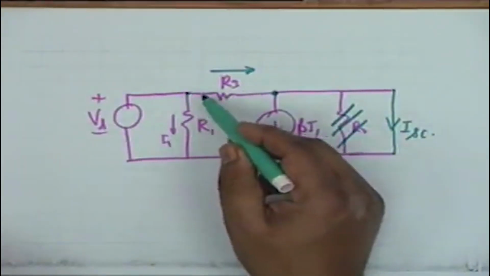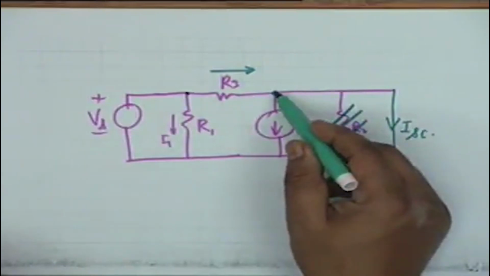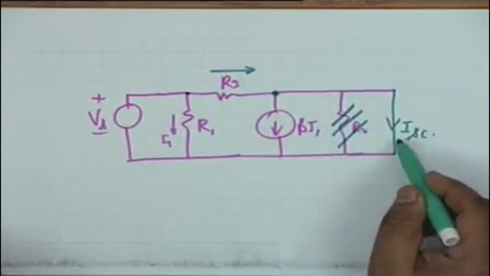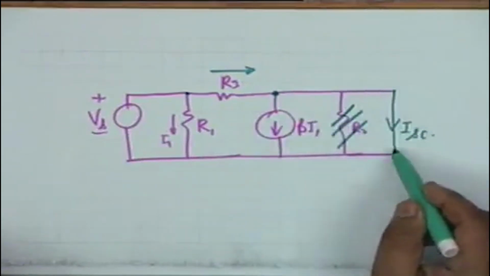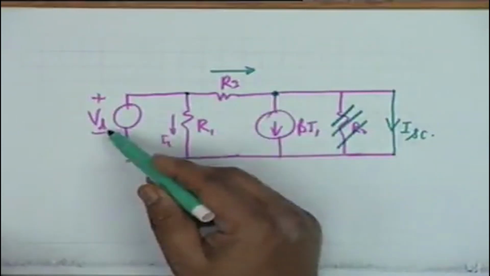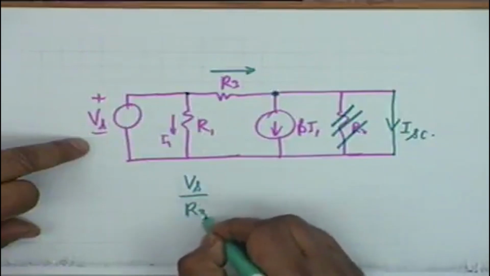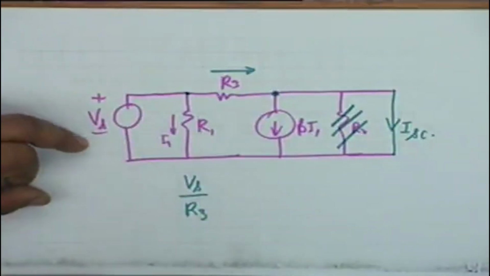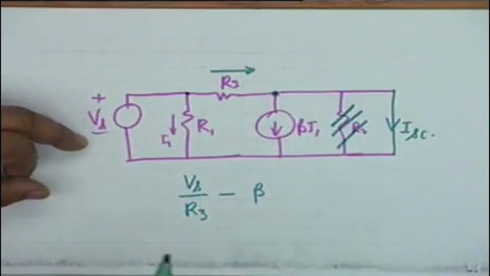This voltage is Vs. What is this voltage? 0. It's connected to ground. Isn't this voltage equal to 0? It's short circuited, and therefore the drop across R3 is simply Vs. Therefore the current in R3 is Vs by R3 minus beta, what is I1?